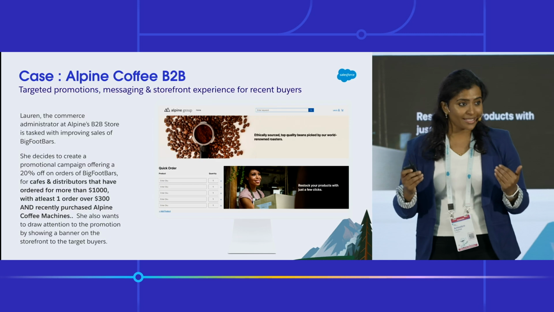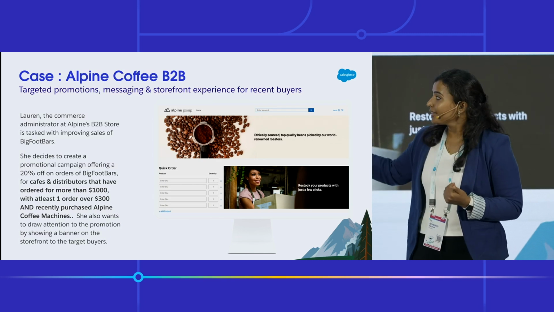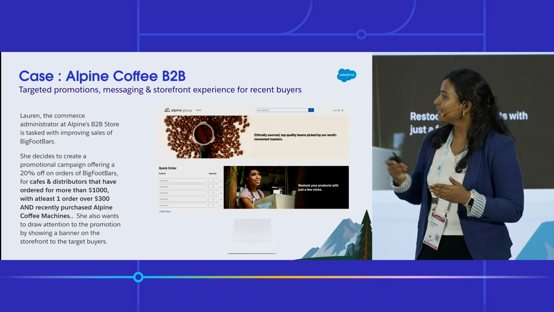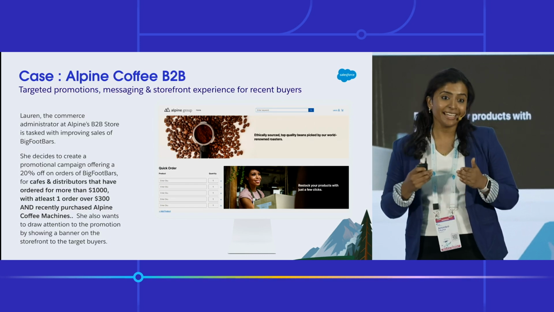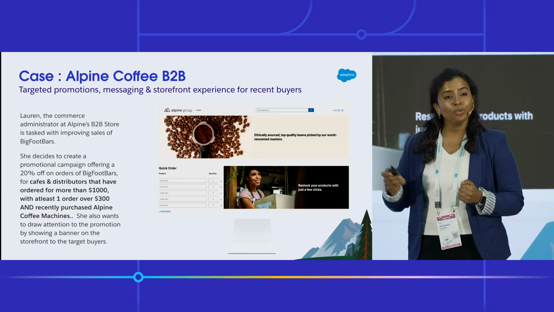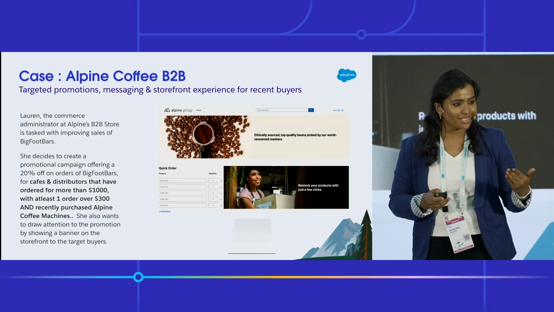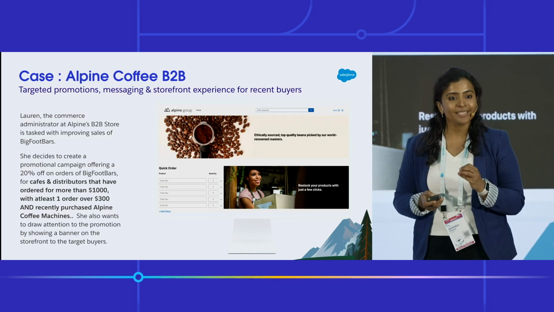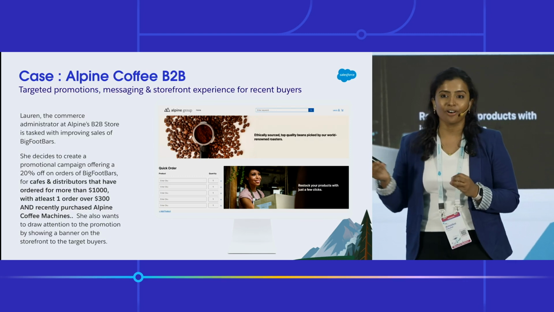High-value shoppers, as far as Alpine Coffee is concerned, are cafes and distributors that have ordered more than $1,000 in total and more than $300 in at least one order. And in order to maximize the return on promotional spend, they want to target this only to customers that have recently purchased Alpine Coffee machines.